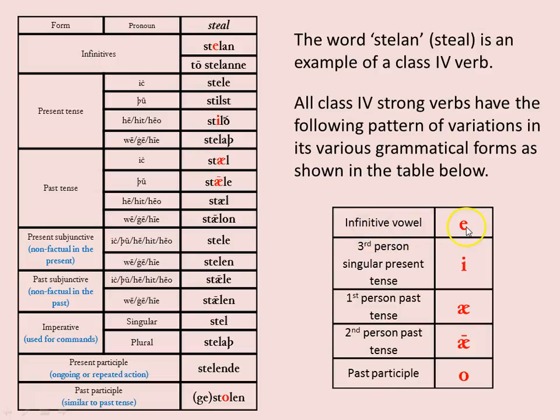The infinitive vowel is an E, the third person singular present tense will be an I, first person past tense is AE, second person past tense is long AE, and the past participle is O. And you'll see that as we go through it. So, steal, stelan, to stelene, stele, stilest, stileth, stelath, stal, stale, stal, stalon, stele, stelen, stale, stalen, stel, stelath, stelende, gestolen.